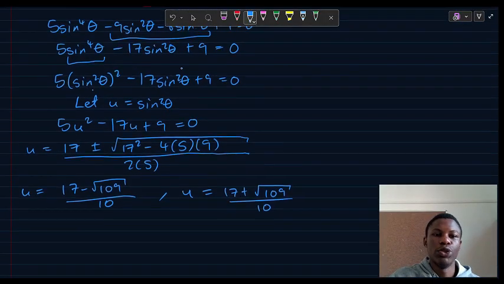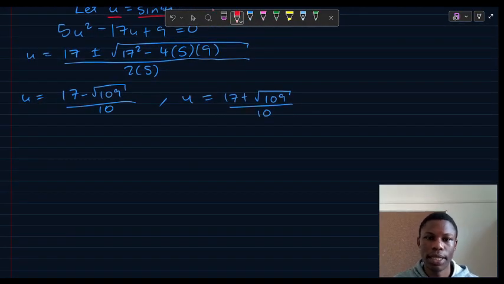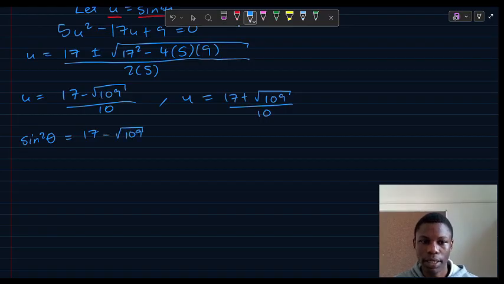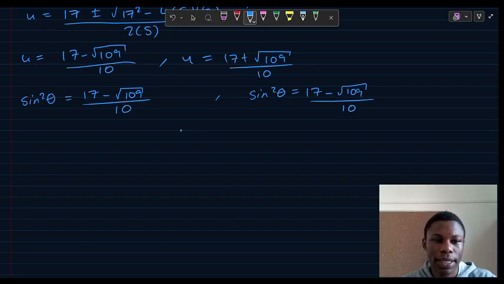But remember, we used a substitution that said let u equal sine squared theta. So if u is sine squared theta, it means that sine squared theta is equal to 17 minus root 109 over 10.